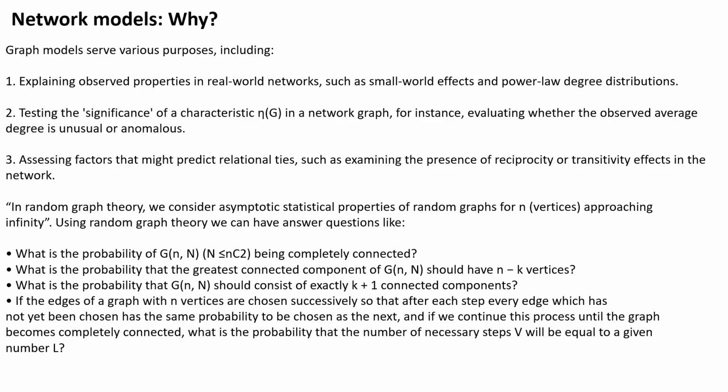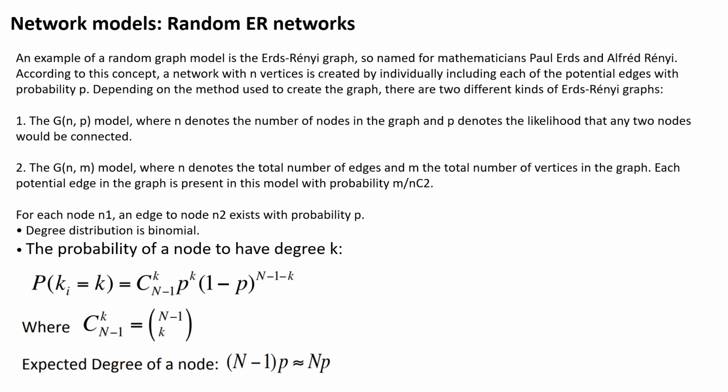Okay, moving on. The first network model that we come across, and the most common one, is the Erdos-Renyi or the ER network. It is named after the mathematicians Paul Erdos and Alfred Renyi. According to this concept, a network with n vertices is created by including each of the potential edges individually with a probability p. So you are given a graph with n nodes, but you are not told the number of edges; you're given a probabilistic value for how many potential edges it can have.